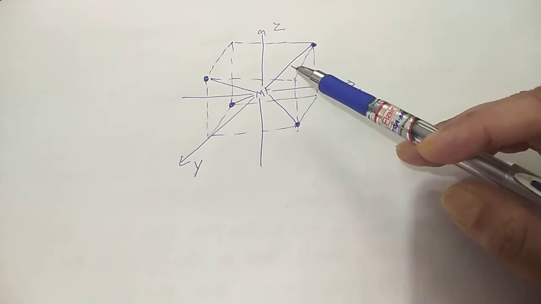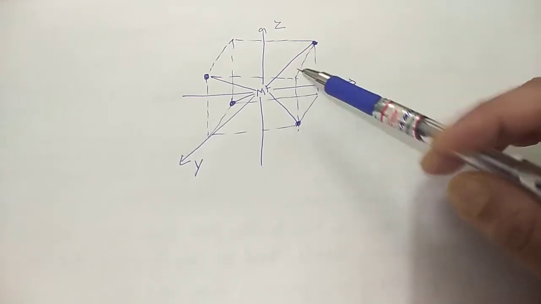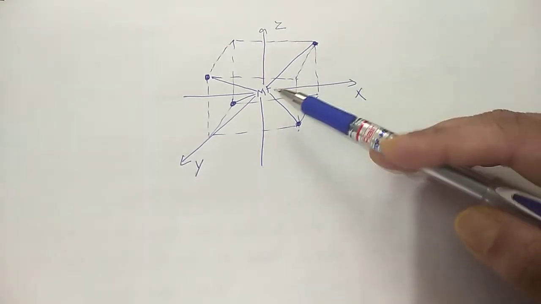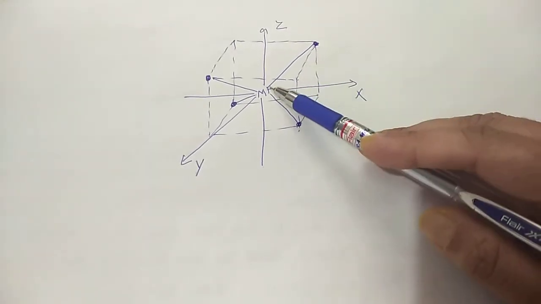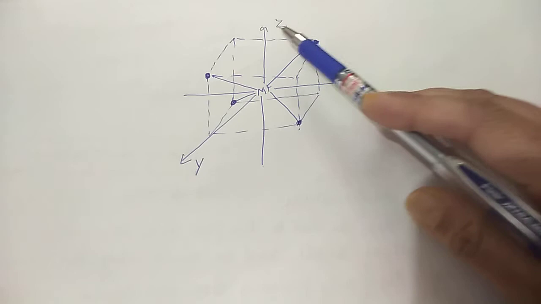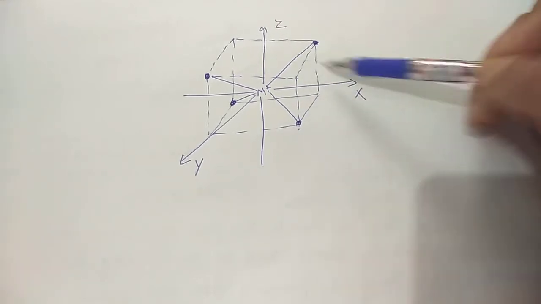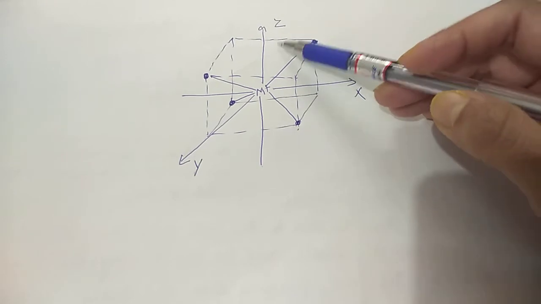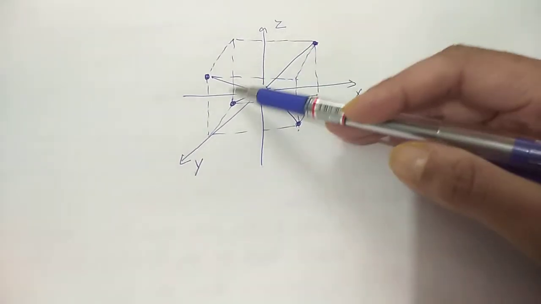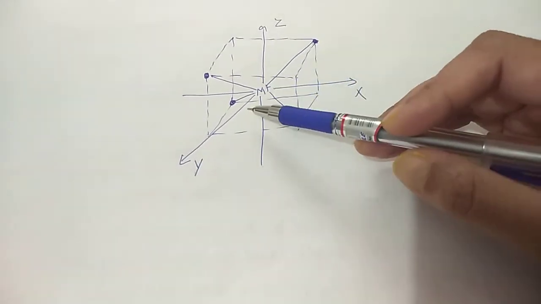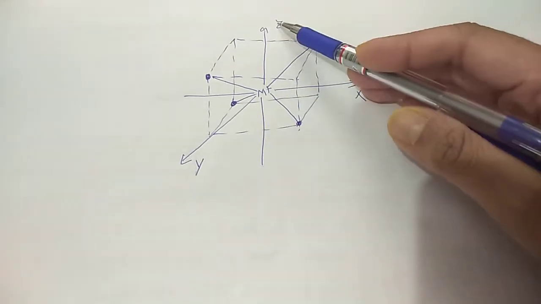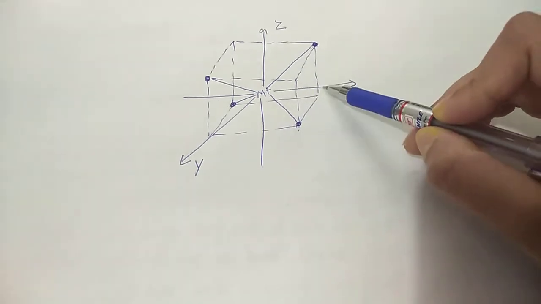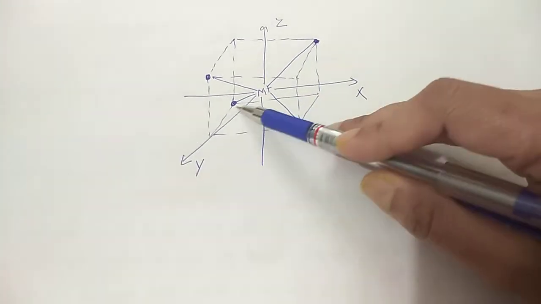So what will happen? dxz, dyz, you can see they are approaching in between the ligands, in the direction of the dxz, dyz, dzx axis, and dz square is along this direction, and dx square minus dy square is in this direction.